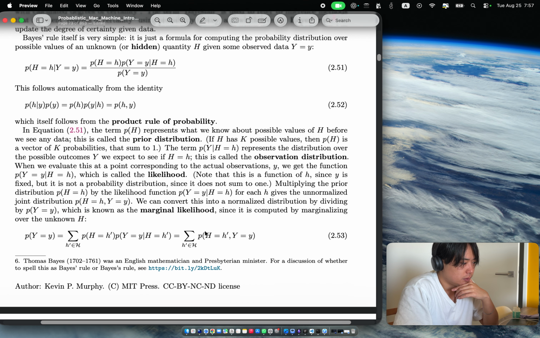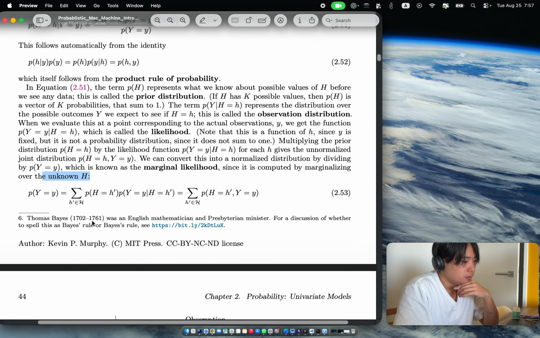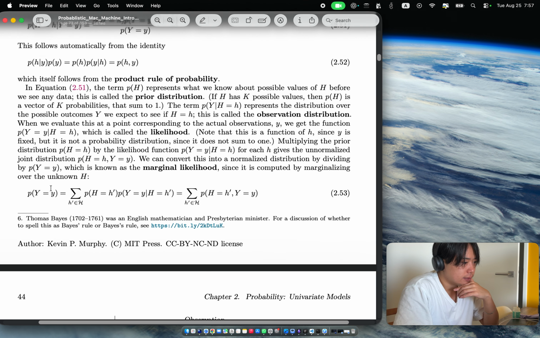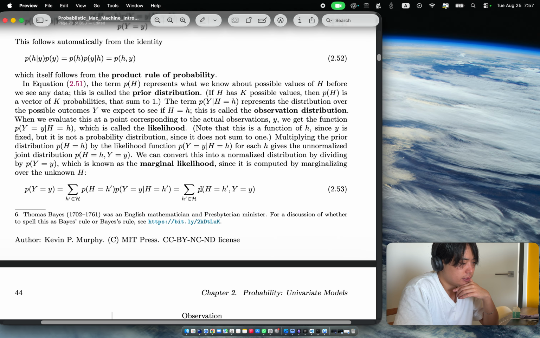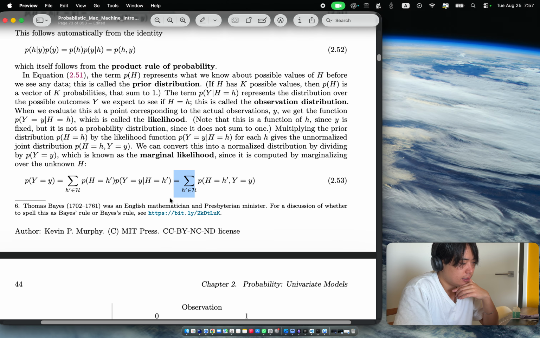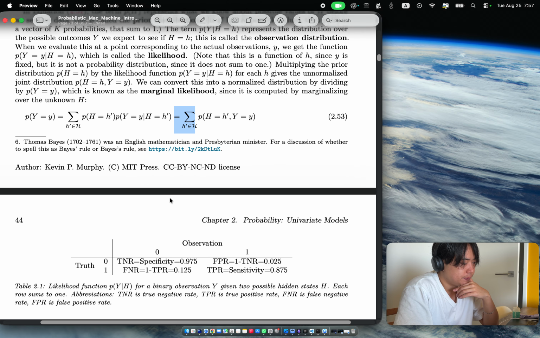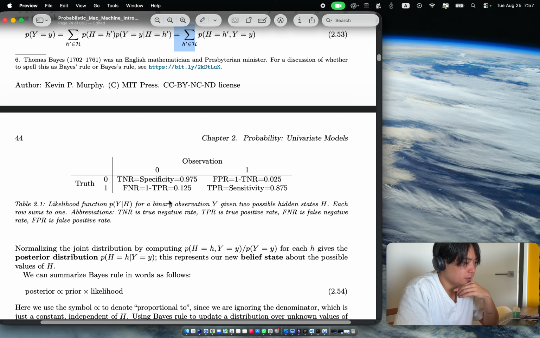Again, that's a marginal distribution function, where you take the sum of those values and get the result.